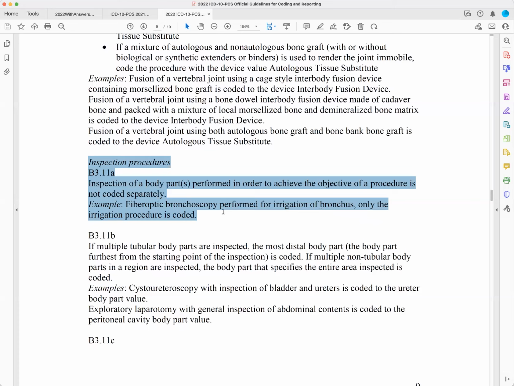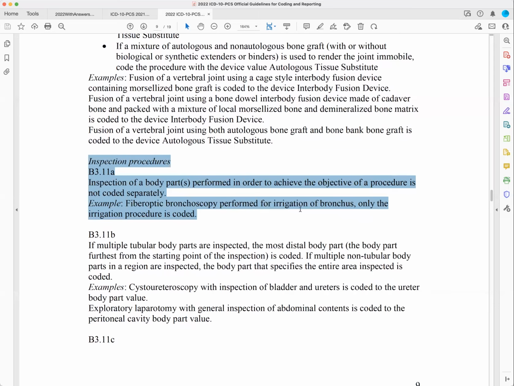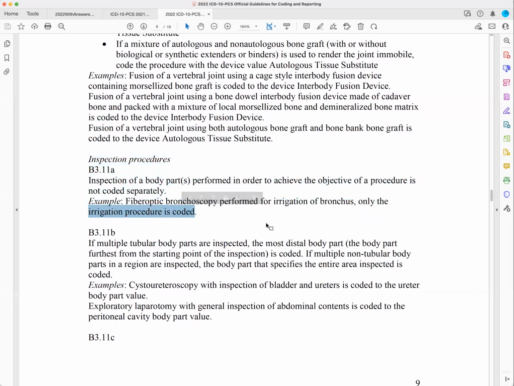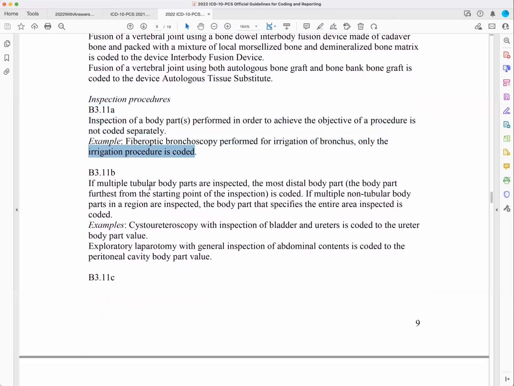So example of fiber optic bronchoscopy. So bronchoscopy, that means they did an inspection with the scope, right? If it's performed for irrigation of the bronchus, then you're only going to code the irrigation. You're not going to code the inspection. That's integral to the procedure. If you're inspecting multiple tubular body parts, the most distal body part, so that's the furthest body part, is coded.